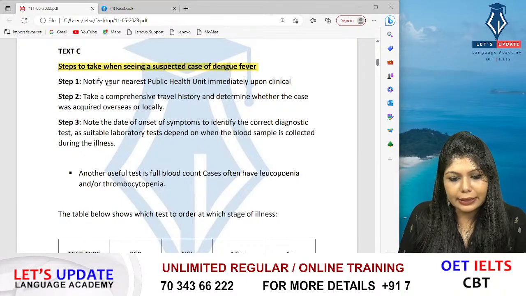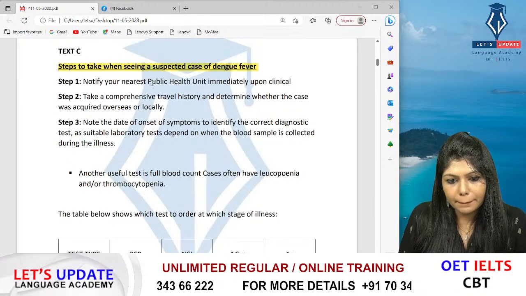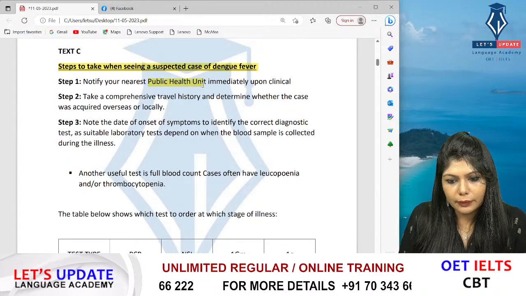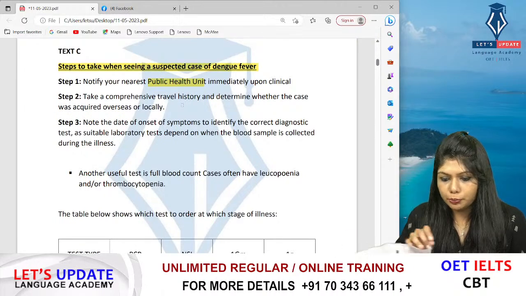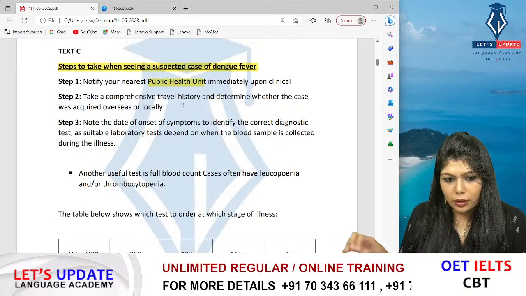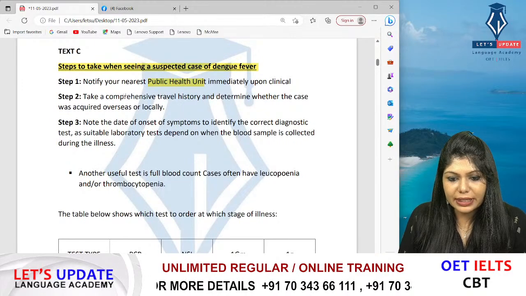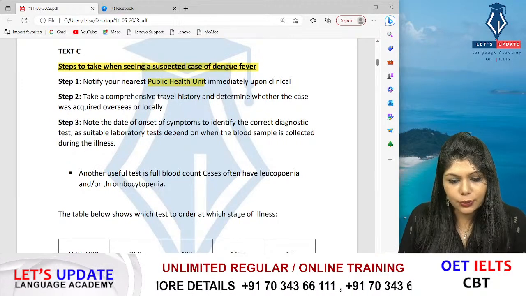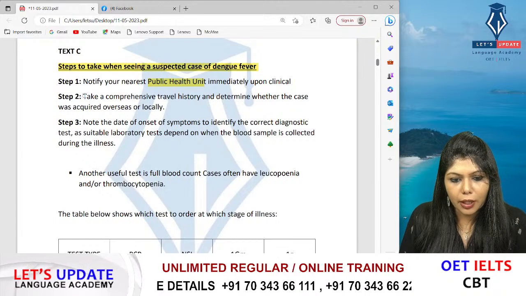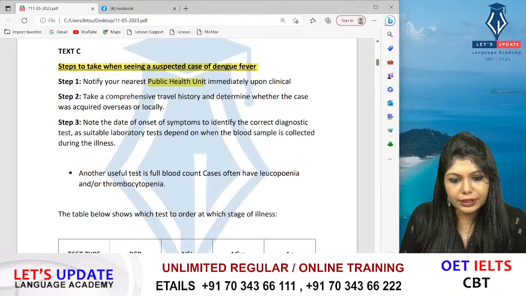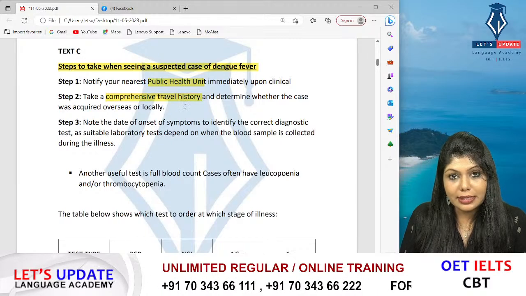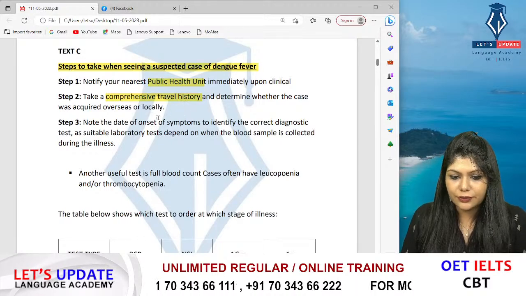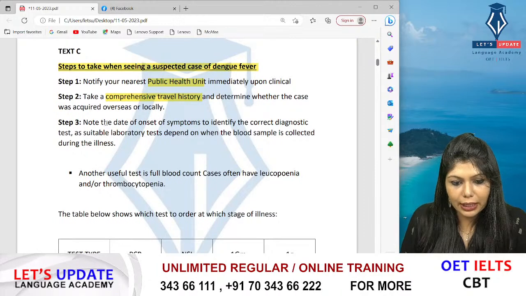Okay. And then step two is take comprehensive travel history and determine whether the case was acquired overseas or locally. Okay, so you have to take a comprehensive travel history, and then step three is know the date of onset of symptoms to identify the correct diagnostic.